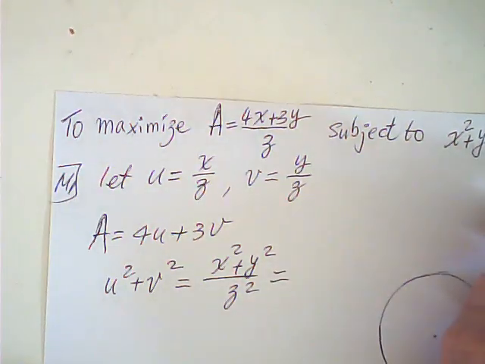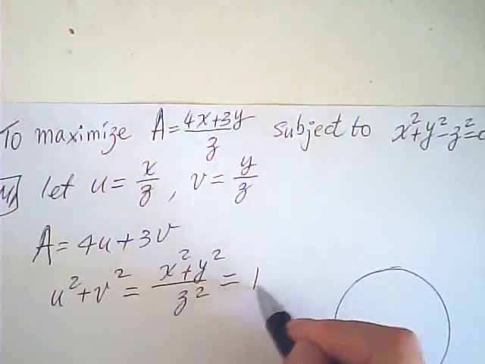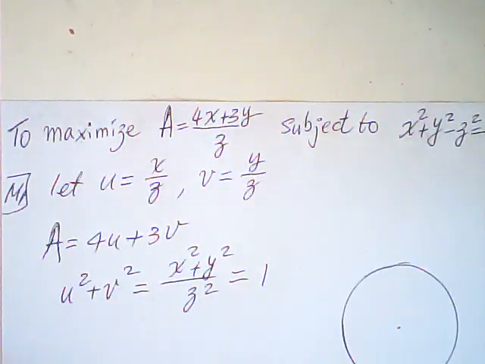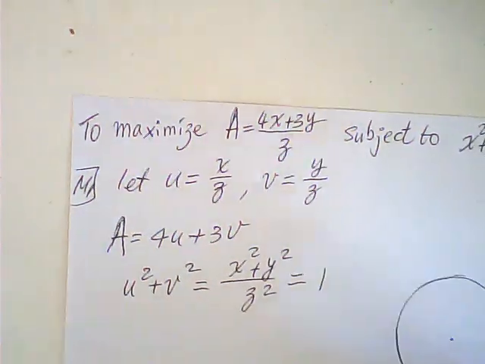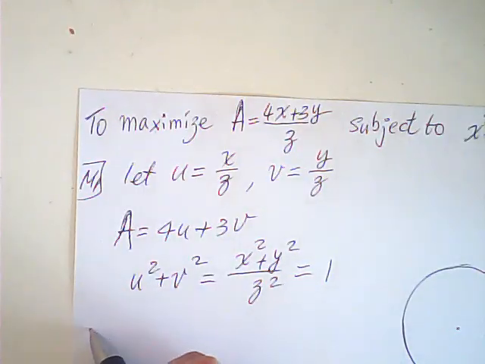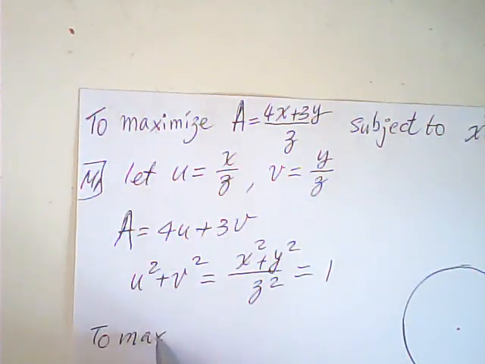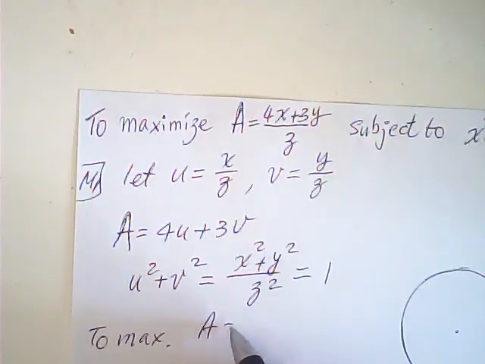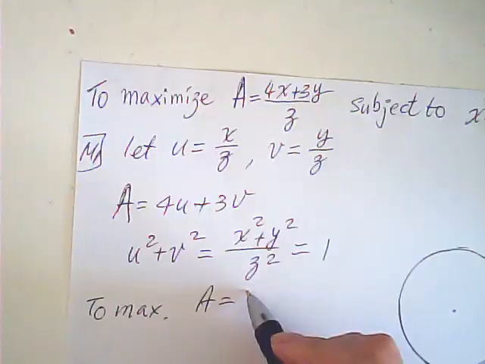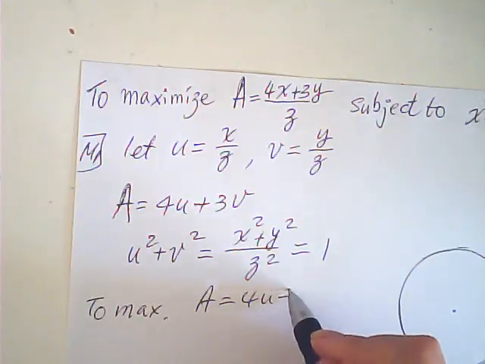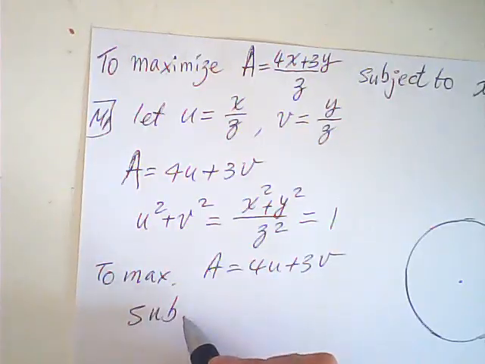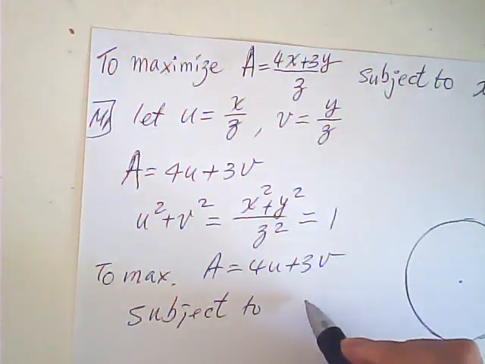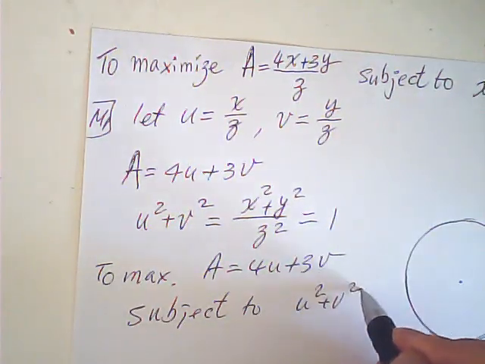Which is equal to 1, because z squared equals x squared plus y squared. So therefore, our question changes. We change the fraction to maximize A, which is equal to 4u plus 3v, subject to u squared plus v squared equals 1.